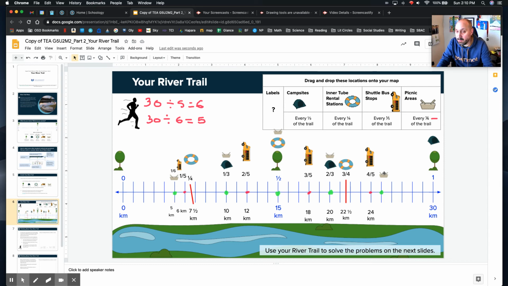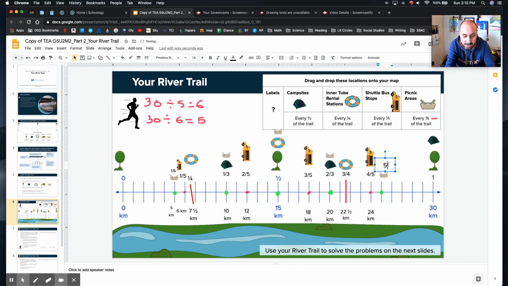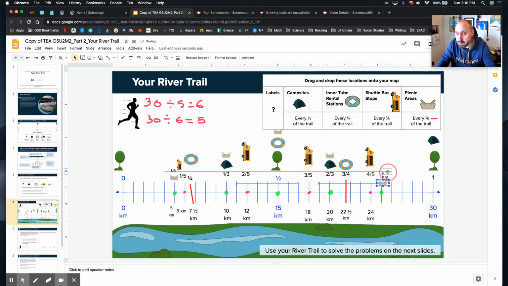And the last one is 4/5. No, not 4/5. So the last one I do have to write in, which is my 5/6 fraction, 5/6. We'll make that small. Now I'm going to put that below. Oops.